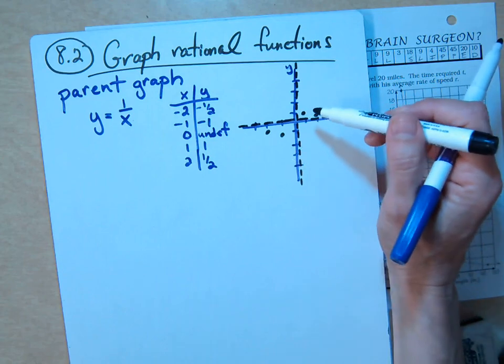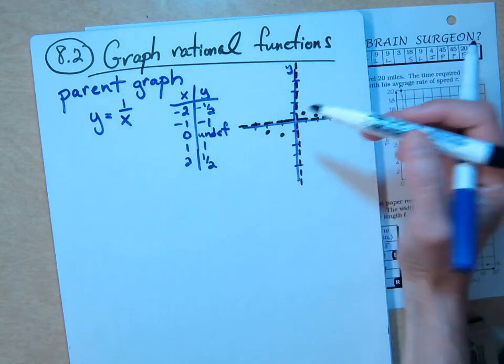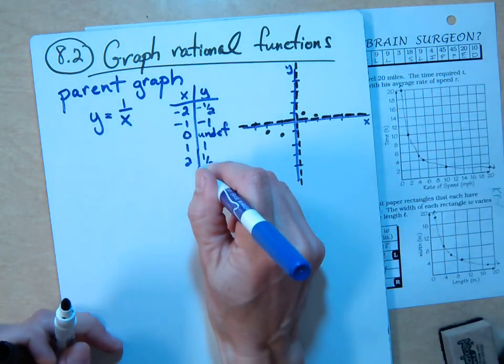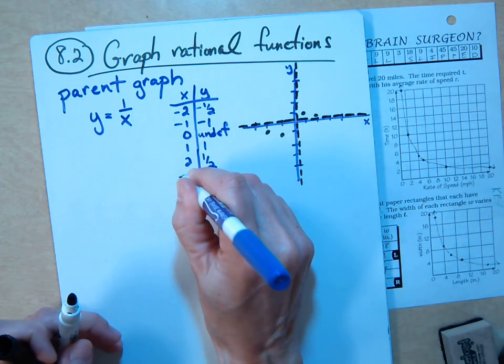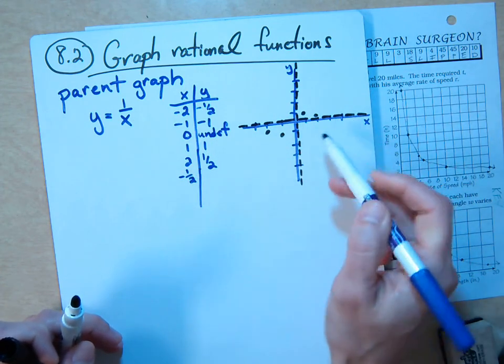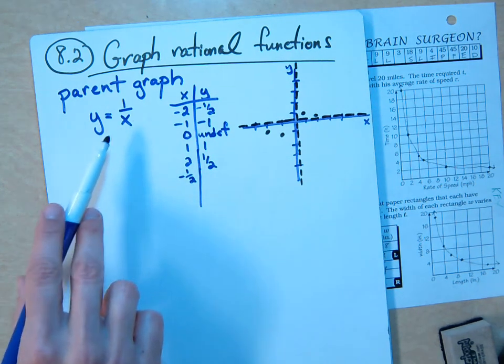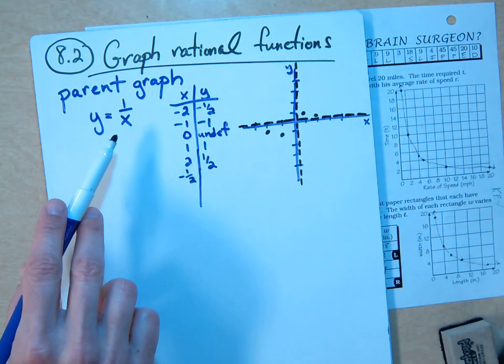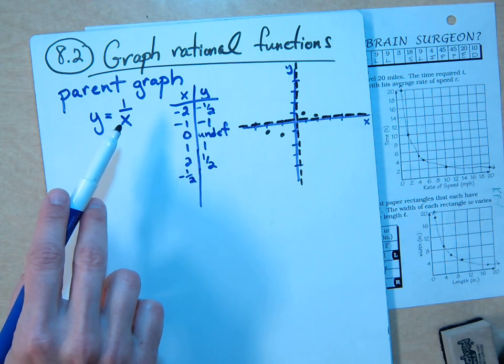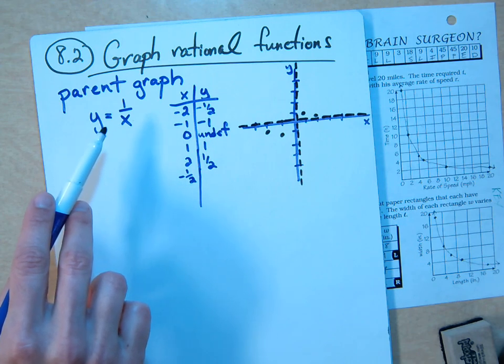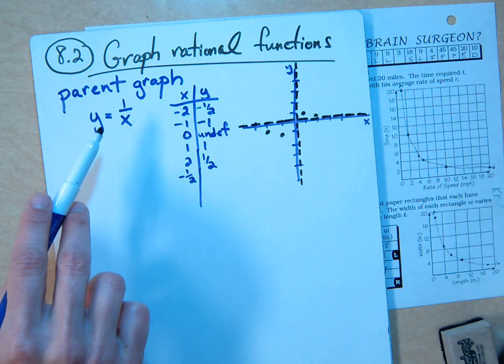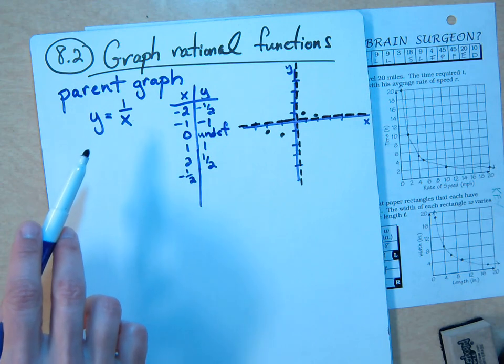And now we need to fill in a little bit more here. If I plug in like negative 1/2, this is why you should always try fractions. What if I plug in for x negative 1/2? What do I get? What happens when you do 1 over a number? What's that called? Starts with an R. Reciprocal, yes.